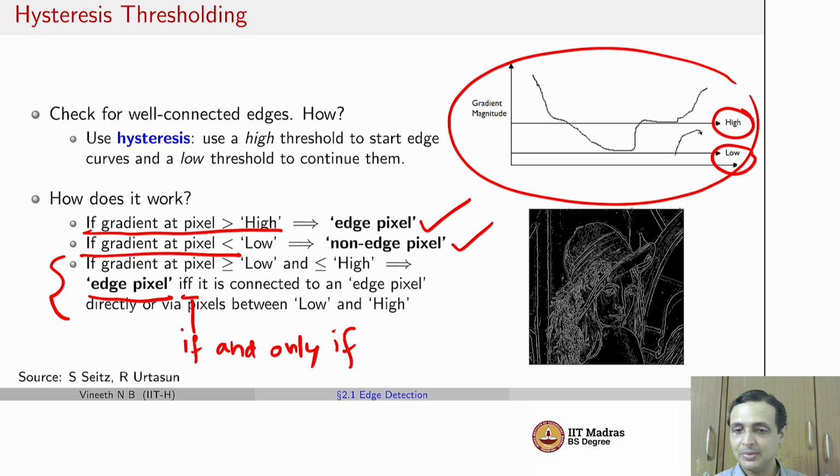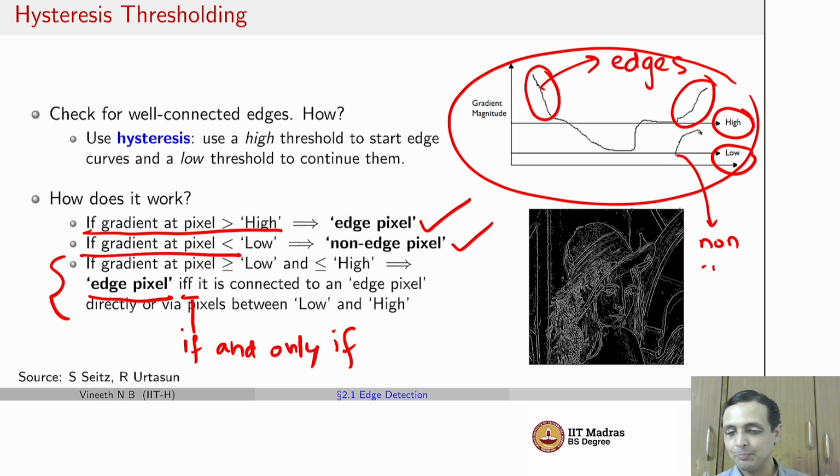Let's see an example. Remember that all these pixels that are above the high threshold are already edge pixels. Similarly, any pixel below the low threshold would be a non-edge pixel. Now, for the pixels with edge intensity values lying in between these two thresholds, remember high and low are just some numbers that you come up with for thresholds.